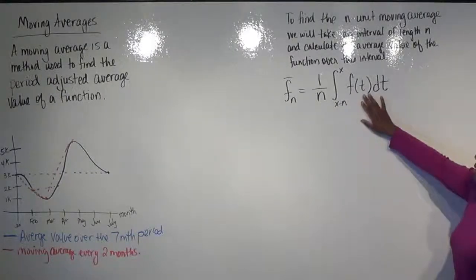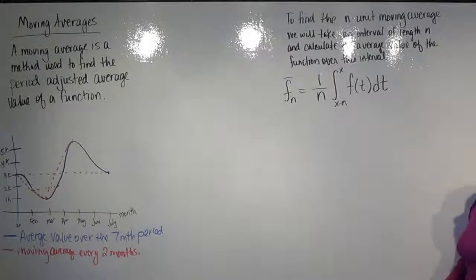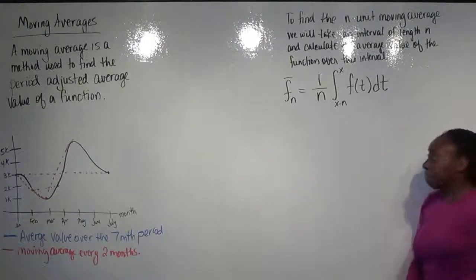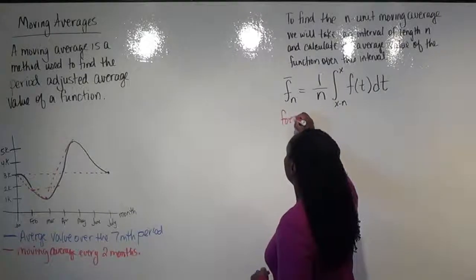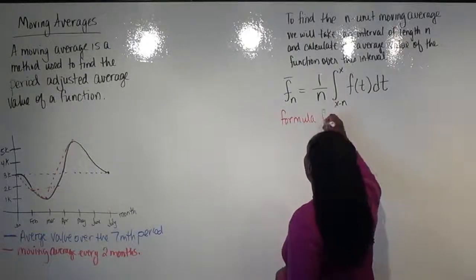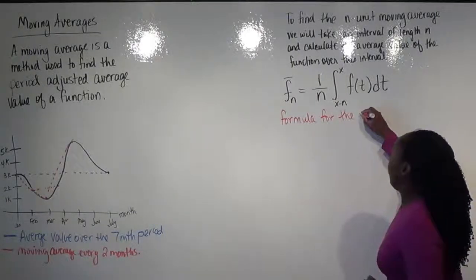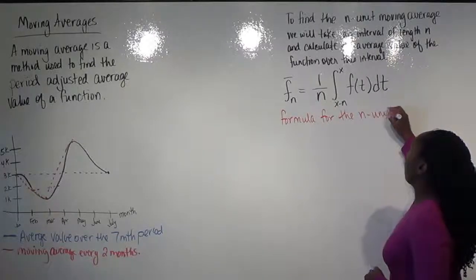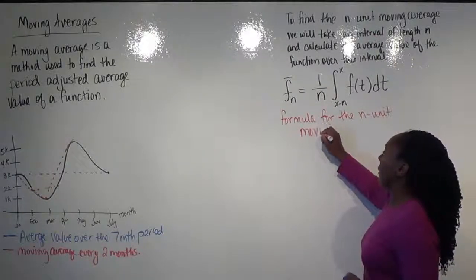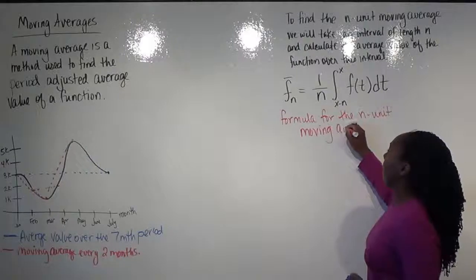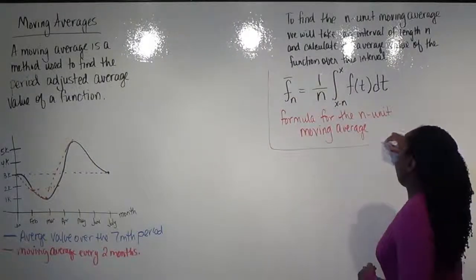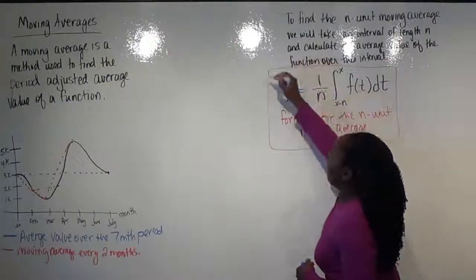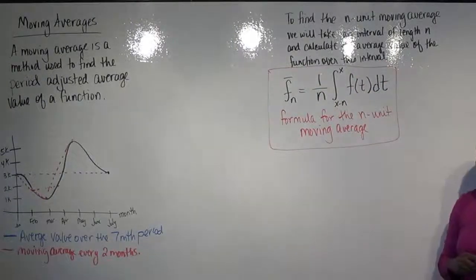So we don't want this to be f of x anymore, we'll just change it to f of t. Okay? This again is our formula for the n-unit moving average. And again, just like average value and some of our other formulas, this is a formula you're going to need to know for the exam.